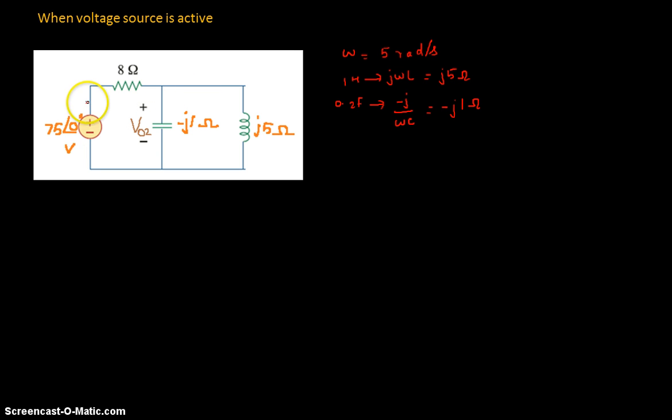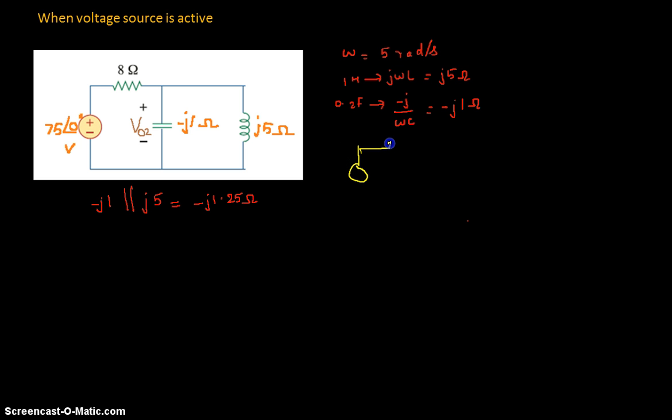rule over here. We want to find out the voltage across the capacitor. Here we have a voltage source, and the capacitor and inductor are connected in parallel. In parallel the voltage will be the same. So we are going to reduce these two and find the voltage by the voltage division rule. The capacitor minus j1 ohm is parallel with j5 ohms. When we reduce that, it's minus j1.25 ohms. With this new value, redraw the circuit diagram.